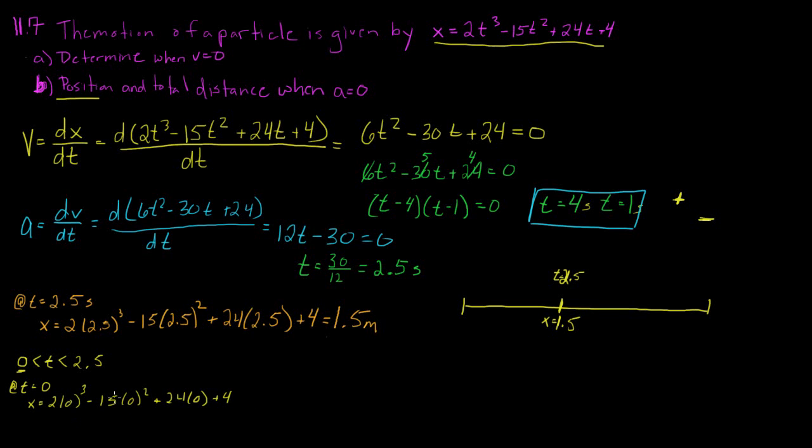All these terms are multiplied by 0, so they just go away, and we're left with x is equal to 4 meters. So at time equals 0, our x is equal to 4.